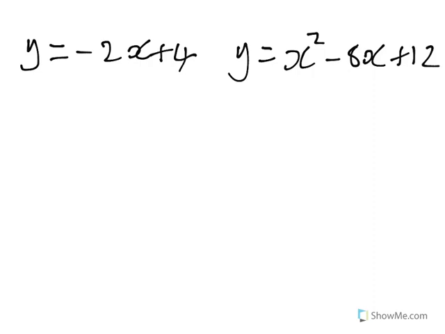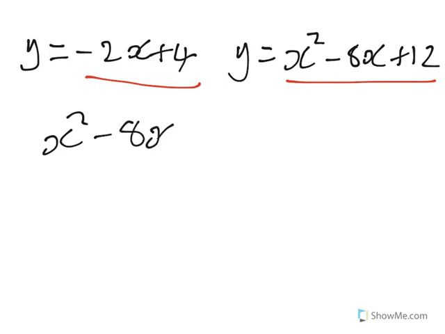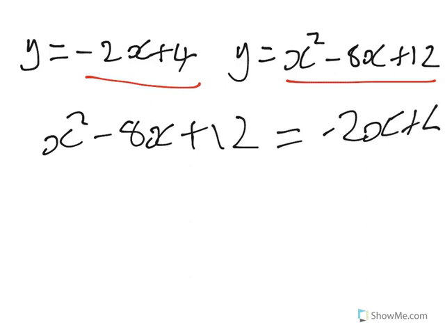So we can say that x squared minus 8x plus 12 is going to equal minus 2x plus 4 at the points of intersection.